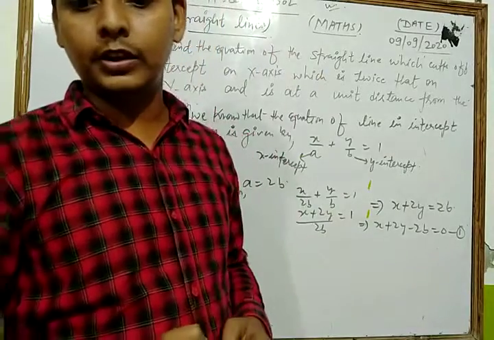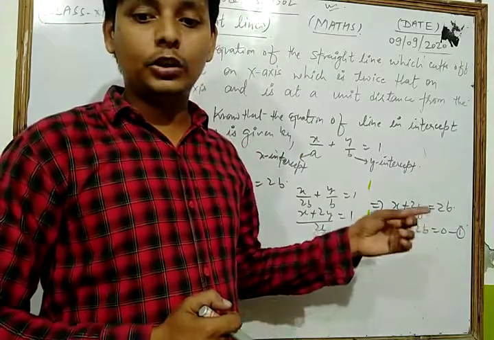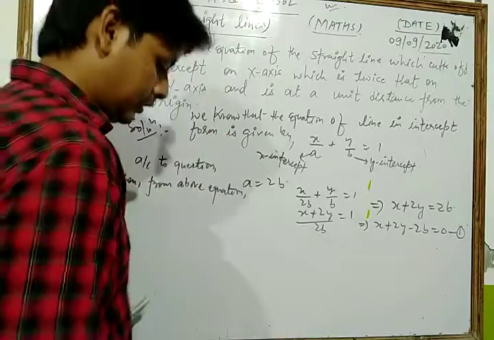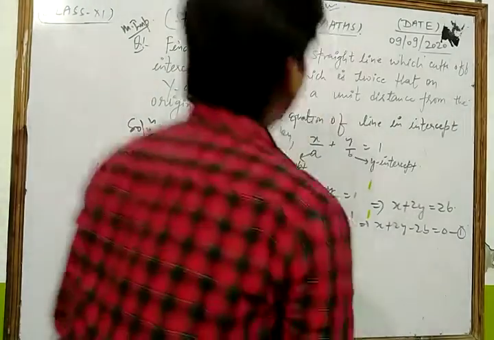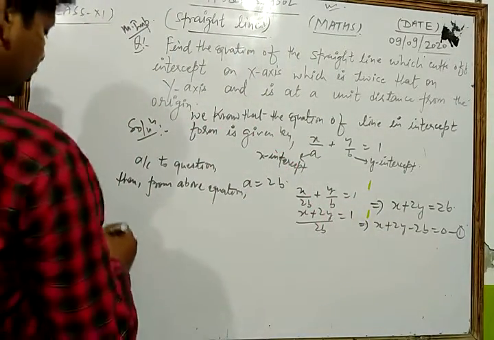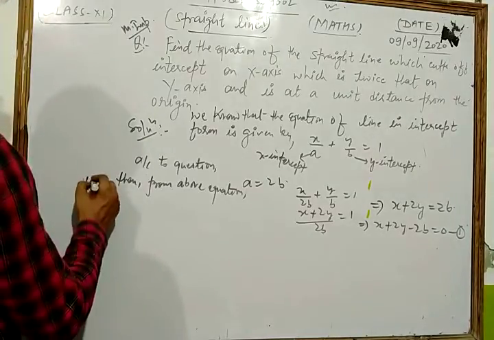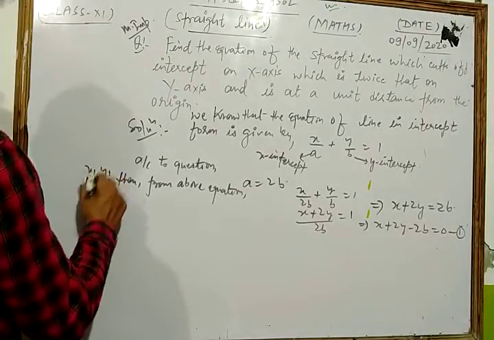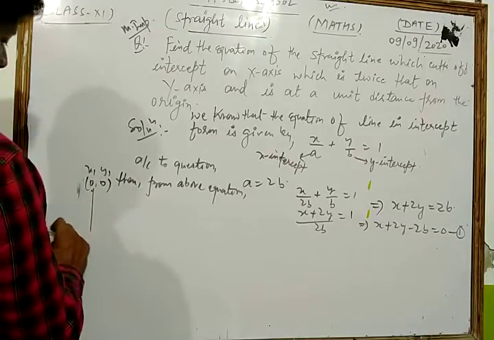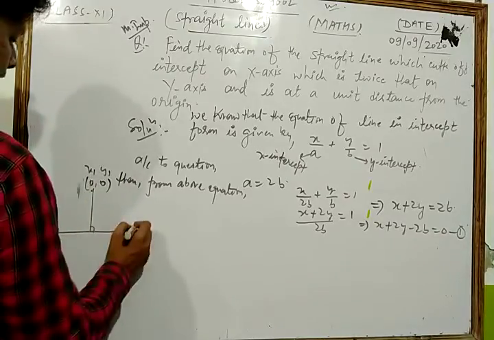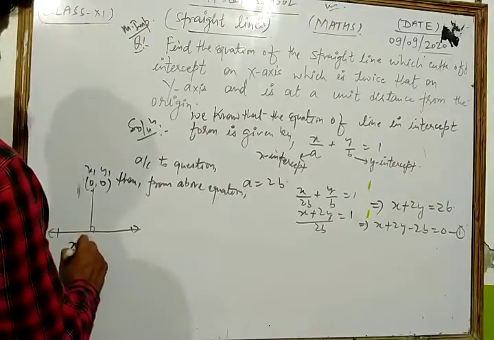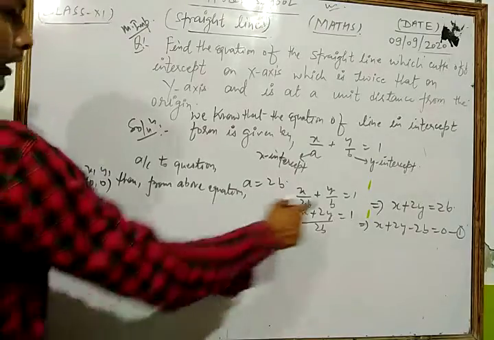Now in the question, dear students, the line is at a unit distance from the origin. Suppose this is the origin 0, 0, that is the value of x1, y1, and the distance from that line is 1 unit, and the equation of that line is x plus 2y minus 2b.